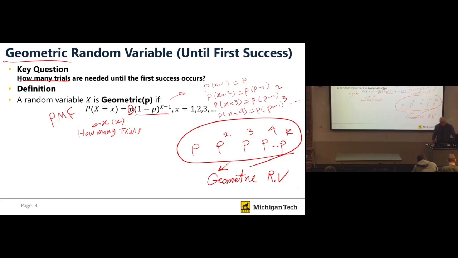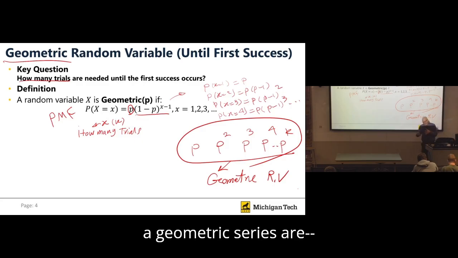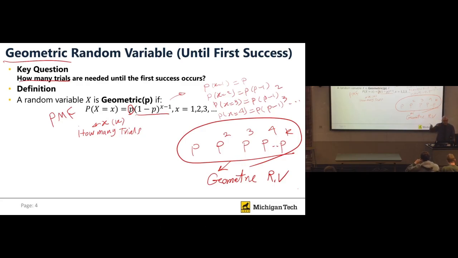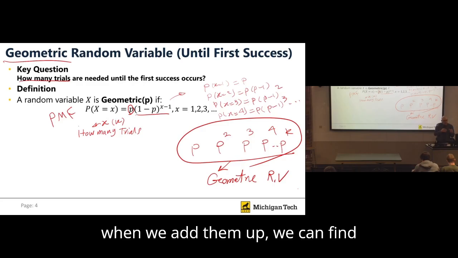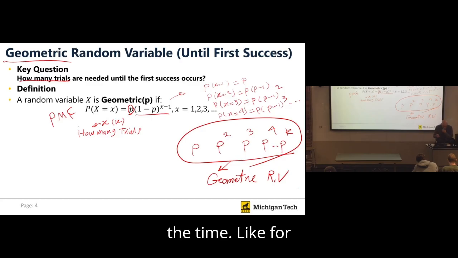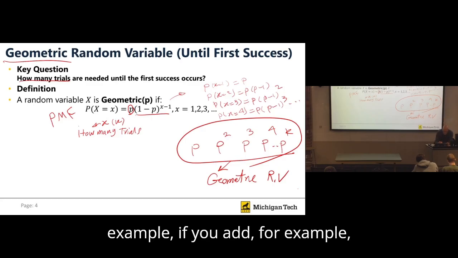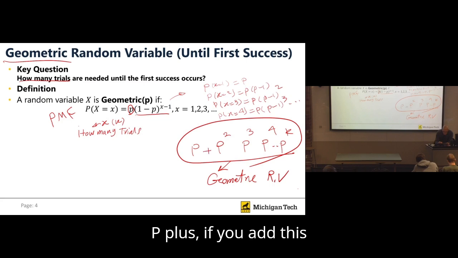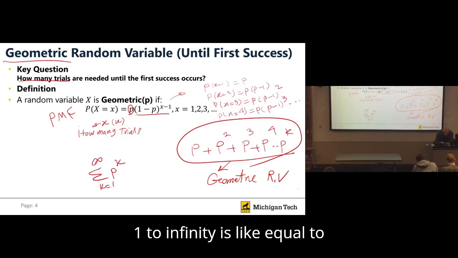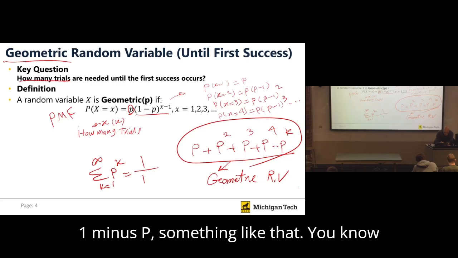But a geometric series, even though it's going to infinity, when we add them up, we can find the final solution for them most of the time. For example, if you add these together, the sum of p^k, k from 1 to infinity, is equal to something like 1 over (1 minus p).